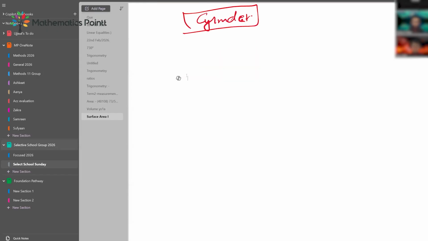That's how a cylinder looks like. Now, this cylinder has three faces.